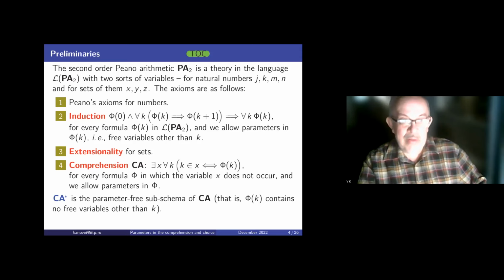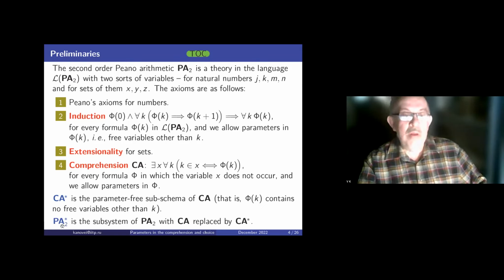So that's CA star, just as I said before, the parameter-free subscheme. That is, this formula phi cannot contain any free variable other than k.